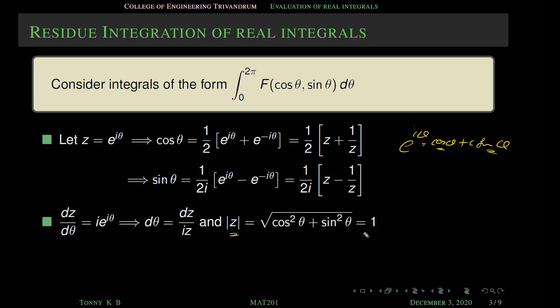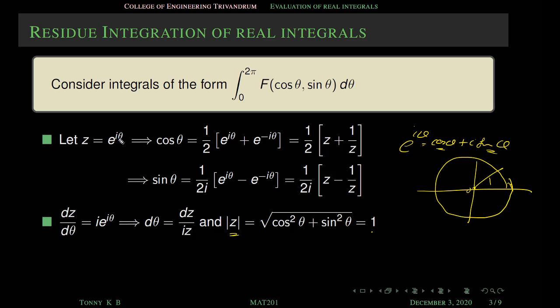Geometrically, what is mod z equal to 1? We know that mod z equal to 1 is a circle with center 0 and radius 1. Okay, next question, what is the orientation of this curve? Is it positive orientation or negative orientation? Actually, this is a positively oriented curve.